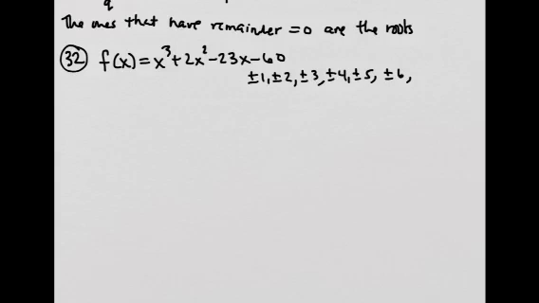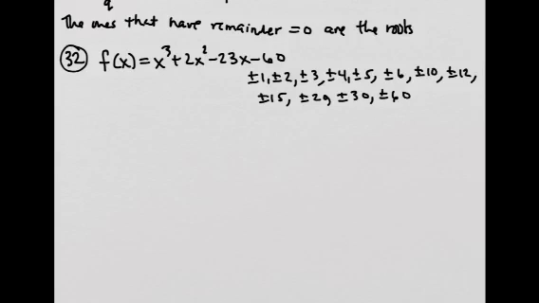Alright, so for number 32, we get plus or minus 1, 2, 3, 4, 5, 6, 10, 12, 15, 20, 30, and 60. So these are all possible rational roots of this polynomial.